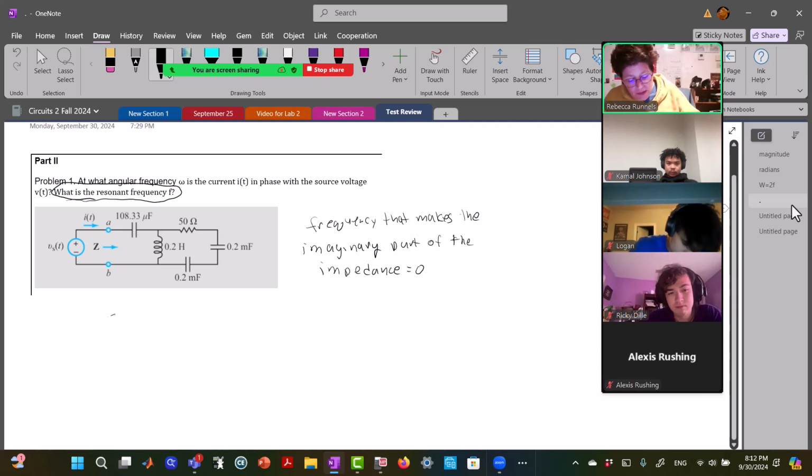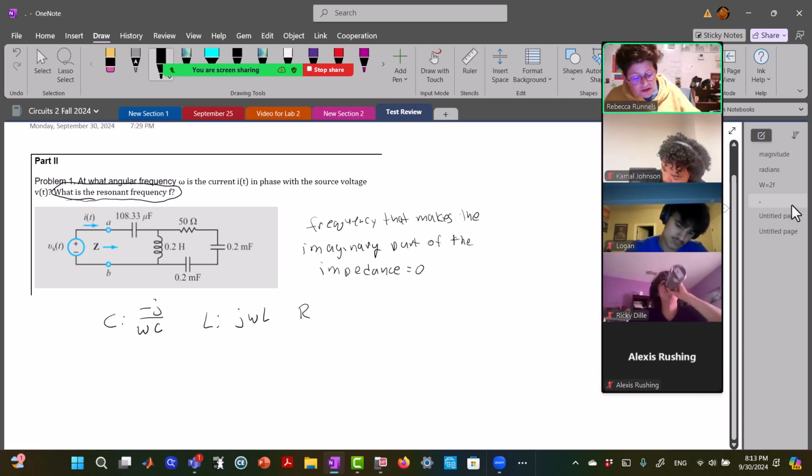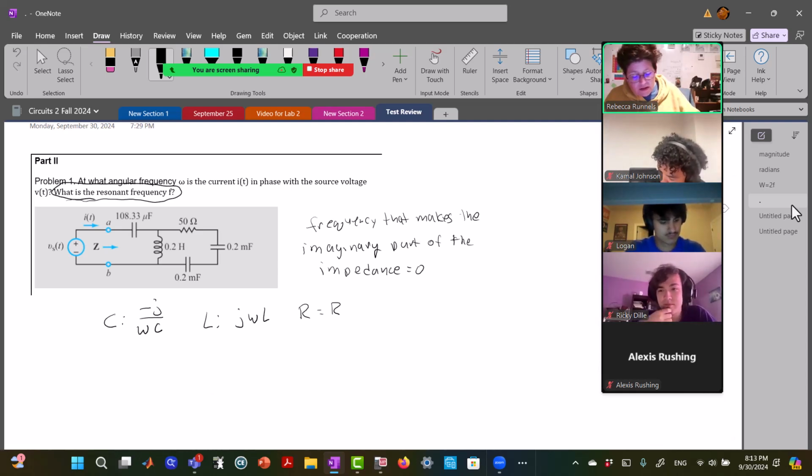Remember, capacitors are minus j over omega C, and inductors are j omega L, and resistors are just R. They're just whatever they are. And then everything is in ohms, and they all add like resistors.